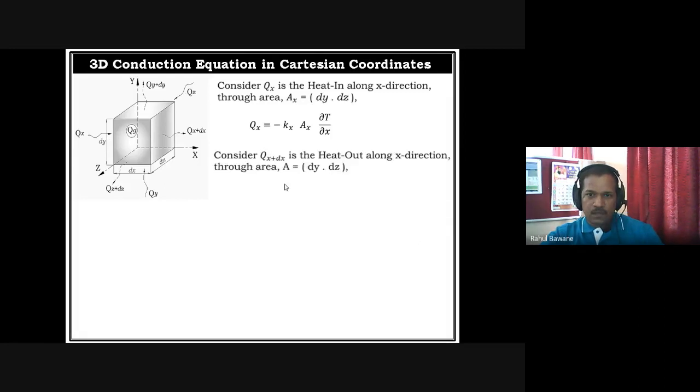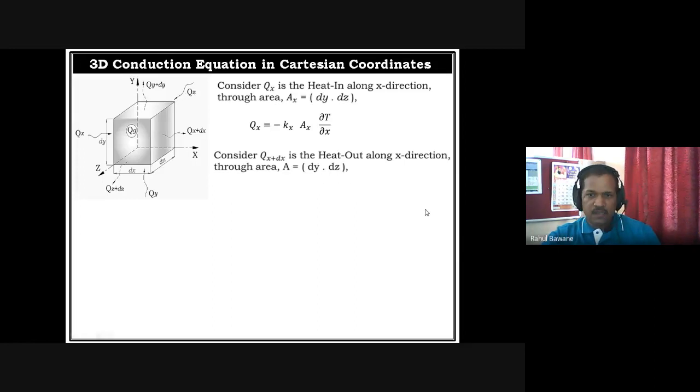Now consider Qx plus dx. This is the amount of heat coming out from the right face in the direction of x. Qx is the heat entering, and Qx plus dx is the heat coming out of the element in the direction of x, for the same area dy dz.